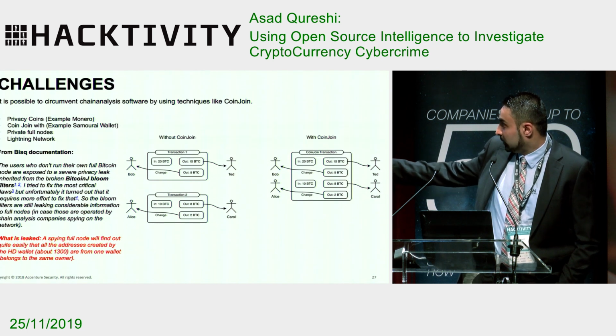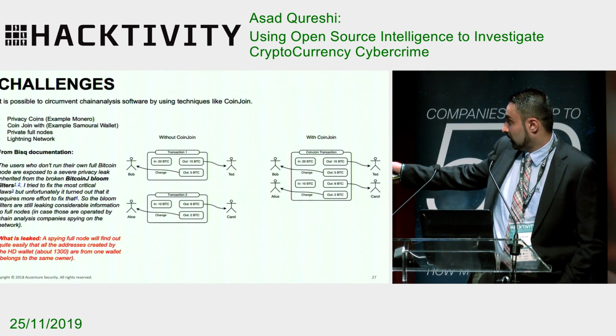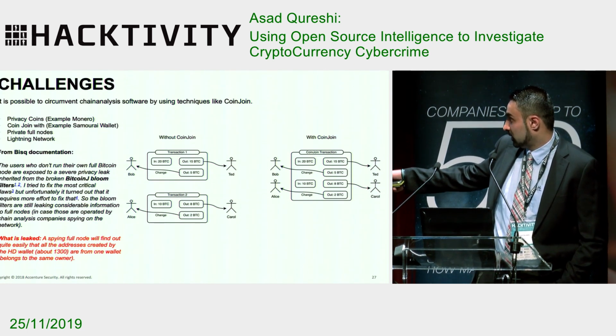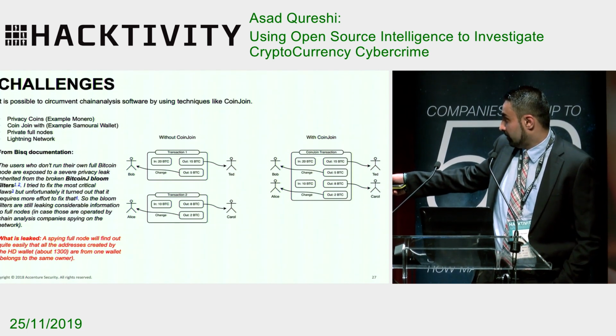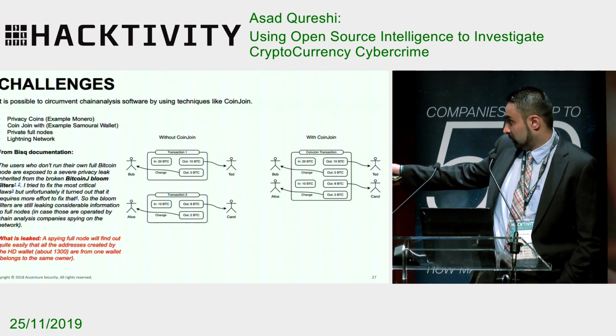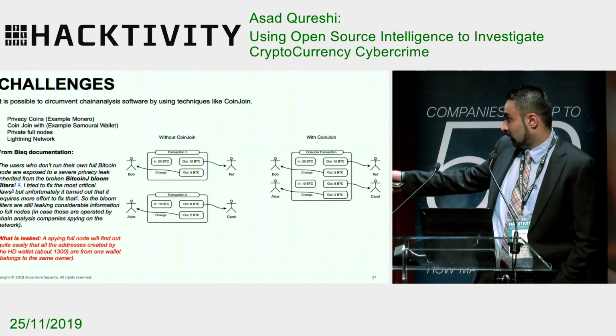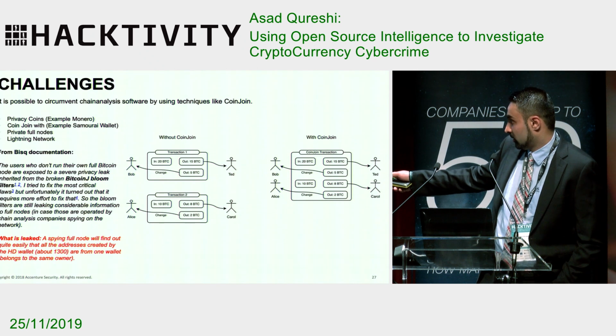Yeah, so the users who don't run their own full node are also exposed to a privacy leak. This is from the BISC documentation, that there was actually a bug there. A full spying node will find out easily that all the addresses created by the wallet are from one wallet and belong to the same owner.